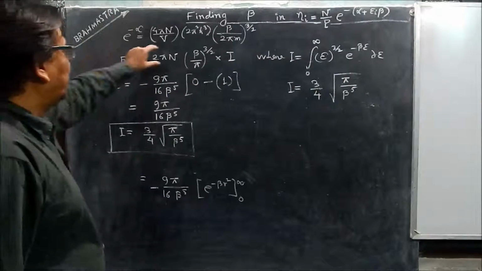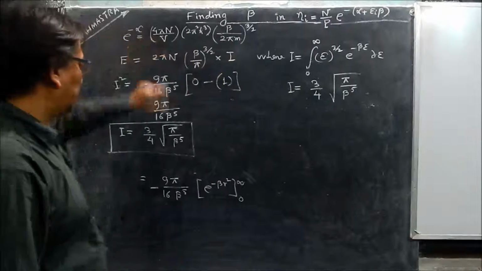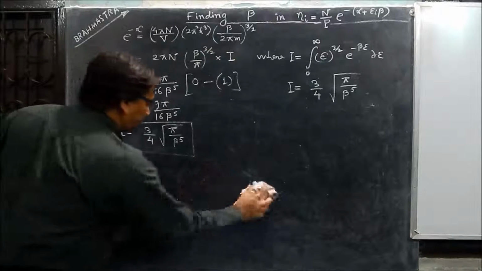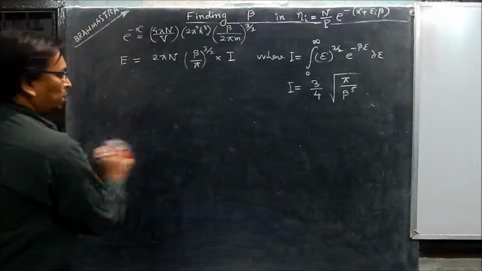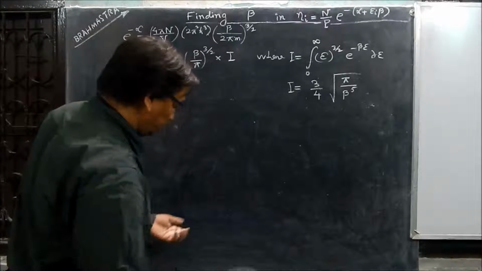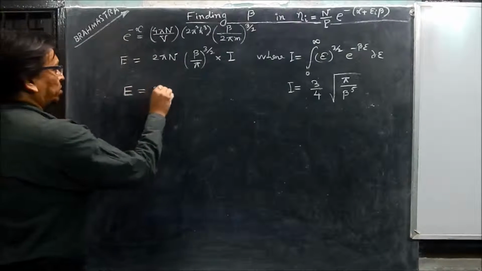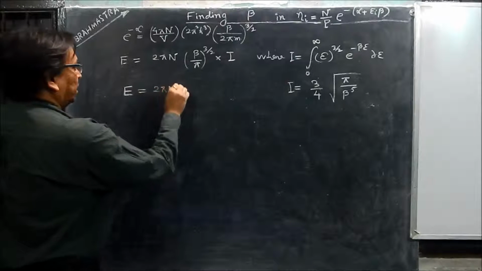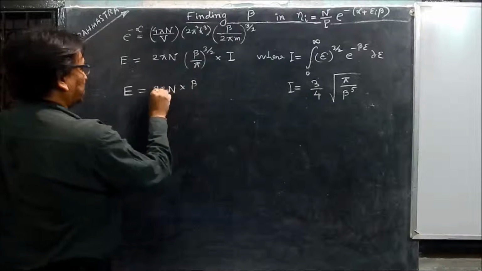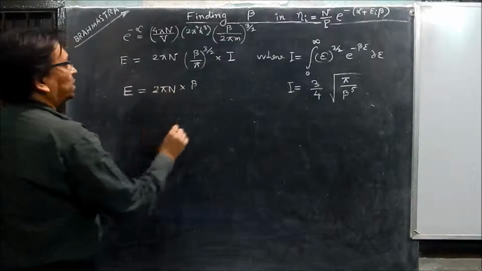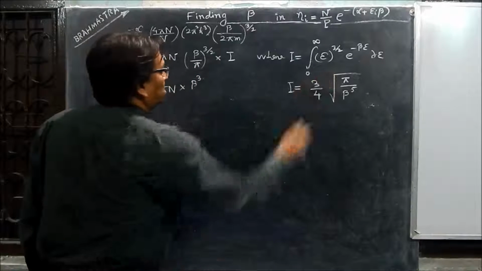Now if we multiply this constant with the value of this integral, then let us see what we get. That will be the total energy of n number of particles. So the energy of n number of particles will be 2 pi n, and let us write this in this format, that this is beta cube by pi cube, because there is a square root.